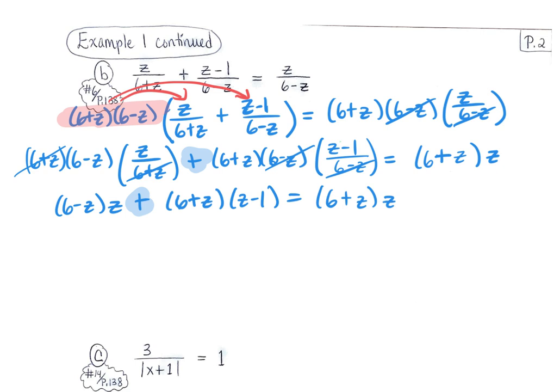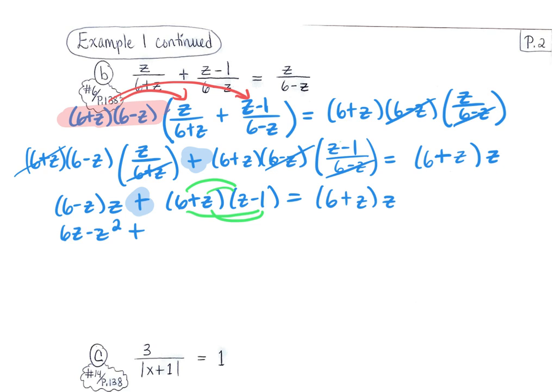Okay? Now we can simplify. 6 minus z times z is what? 6z minus z squared. Good. What do you do for the next part? And plus, what do you have to do? Using what method? FOIL, yes? First, outside, inside, last.